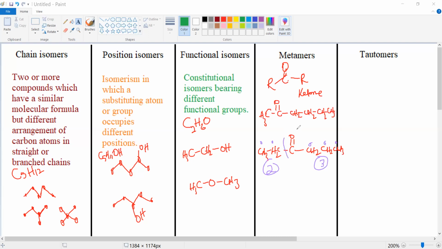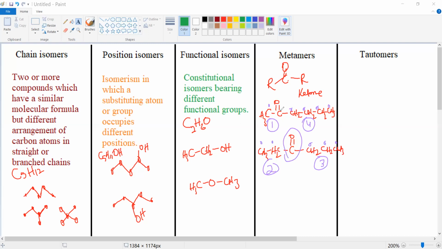So the functional group is having 2 and 3 carbons on each side. But if we relate it with the first example, there is 1 carbon atom on this side and 1, 2, 3, 4 carbon atoms on this side. So the total number of carbons is the same in both skeletons. The 6 carbons are there and 6 carbons are there.